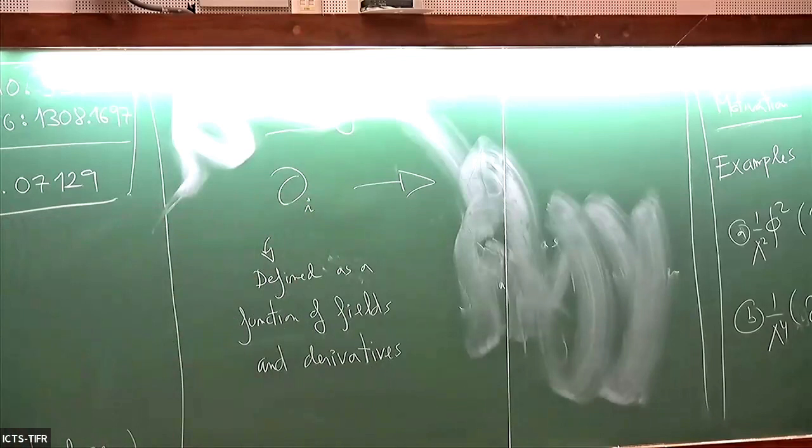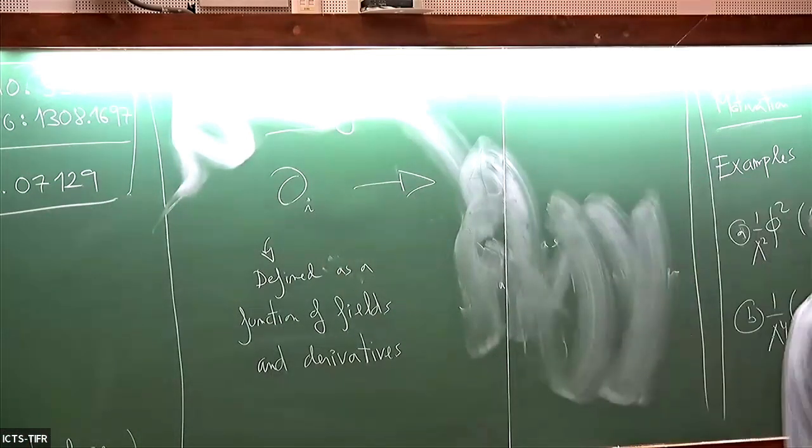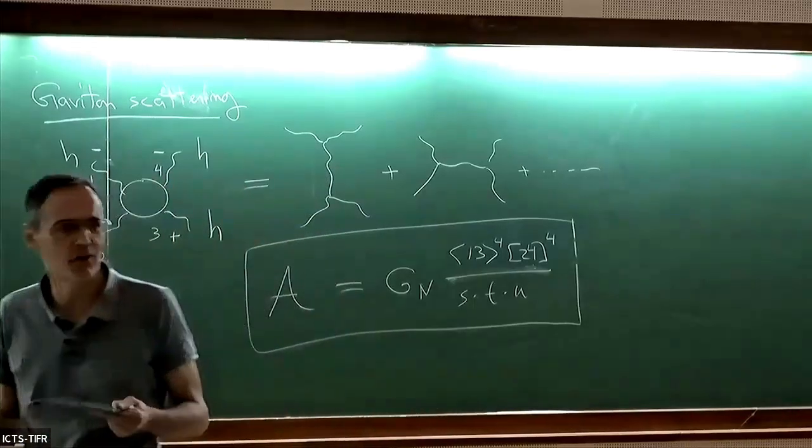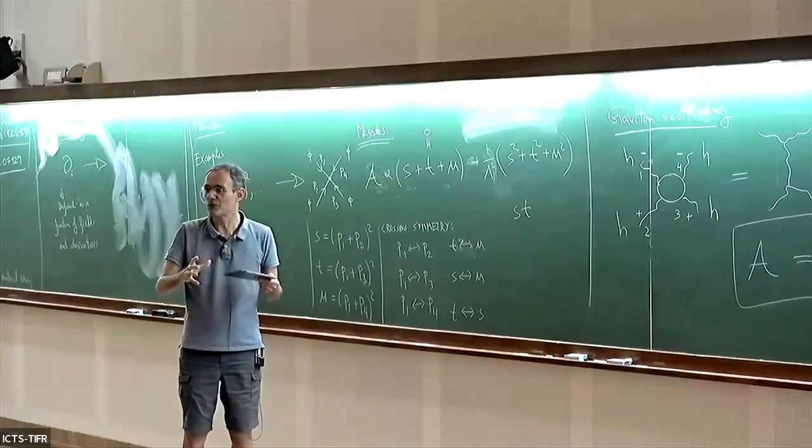We will do one loop, but when we go to loops, you have to be careful. There is no clear algorithm as you learn in quantum field theory. In quantum field theory you get the formalism and you know how to calculate one loop, two loops, three loops. There's a process you've learned and you can calculate any loop. Here, there is not a clear path, but we will see how it goes.